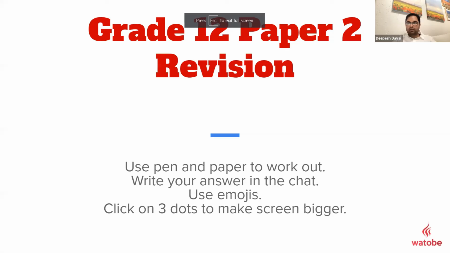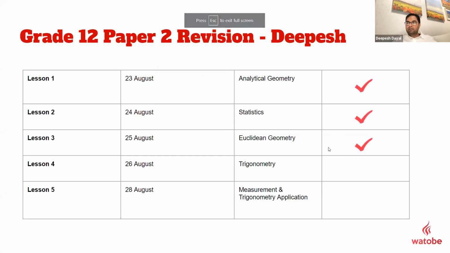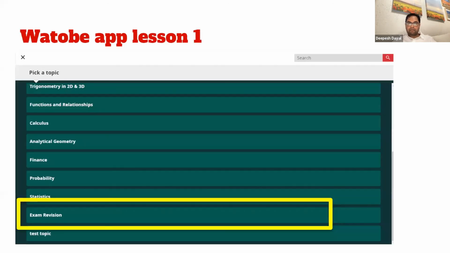Okay, I'm going to share my screen quickly. Okay. And this is what we are looking at now. We are on Wednesday, tomorrow, Teacher Depesh will be taking us through trigonometry, which is on Thursday. So we'll be looking at how to answer that section tomorrow.